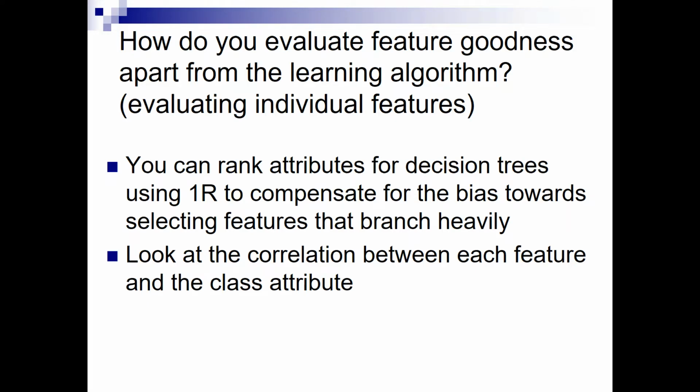Some of our metrics, like chi-squared attribute eval, are like very simple classifiers. So 1R is a rule learning algorithm that can only use one feature to build its model. You could imagine building a 1R model with every single one of your features and then evaluating that model's performance.